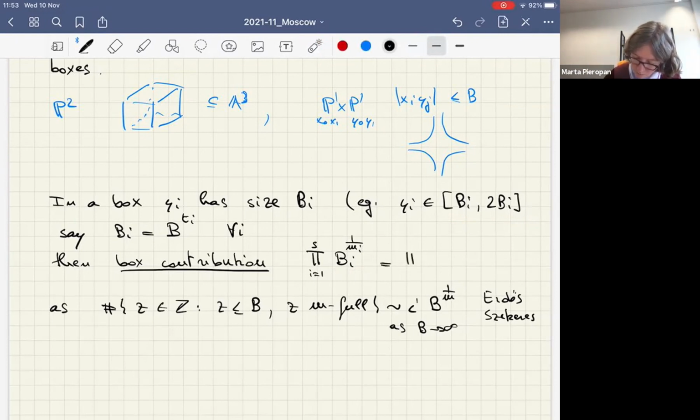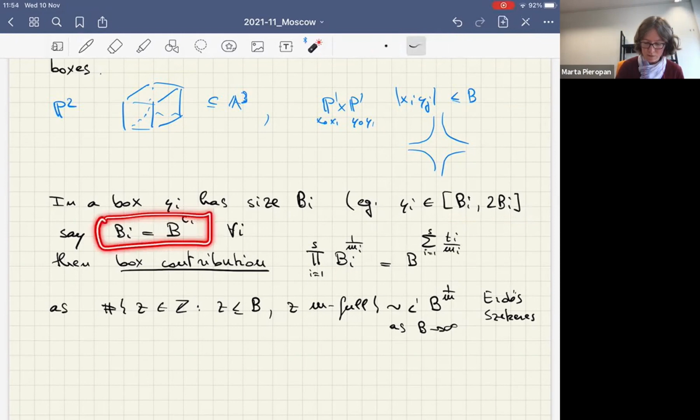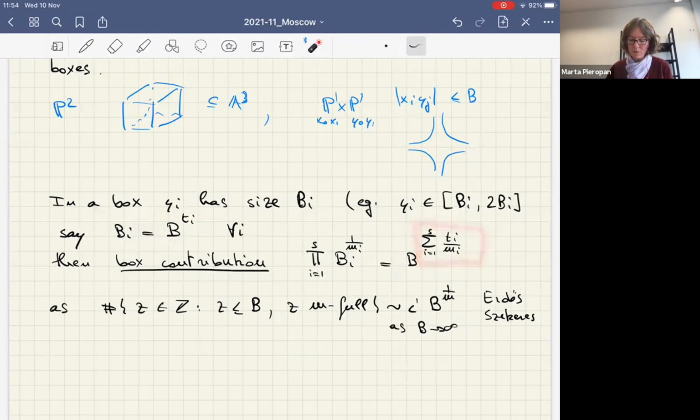And this is the same as b to the sum of the ti over mi, i from 1 to s, where I'm just substituting now this expression bi is b to the ti in this formula. So this gives me one possible exponent of b contributed by the box of the given size b to the ti.